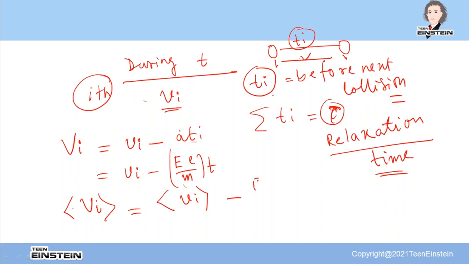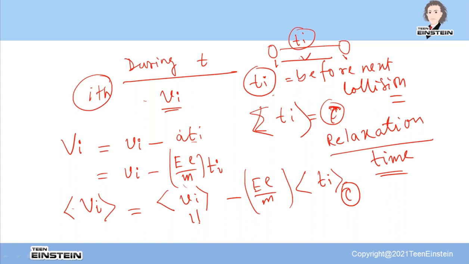Only t_i varies, so I take the average of this, and the average is tau, which we have denoted by relaxation time tau. This first term will be zero, because v_i is the instantaneous velocity just after collision, and this velocity is random. If you don't understand, you can ask me again. This I'll write as v_d, the drift velocity, the average velocity.